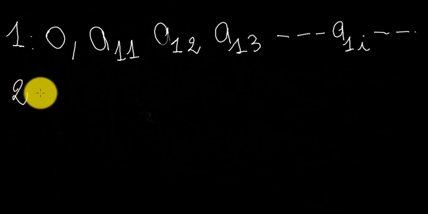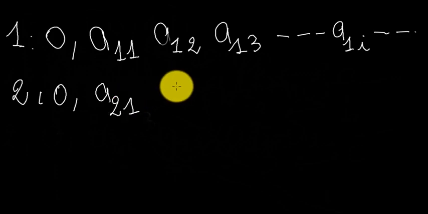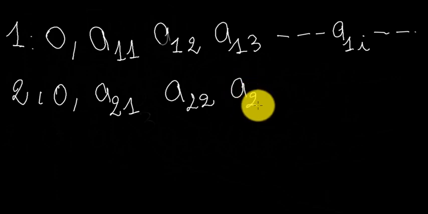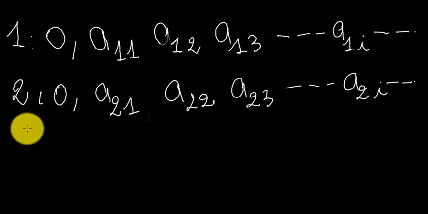And assume that we know the second element in the list. We'll note it as 0.A21, so the second row, first column, A22, A23, and going on until A2i, and continuing after that. So we assume that there is a bijection.